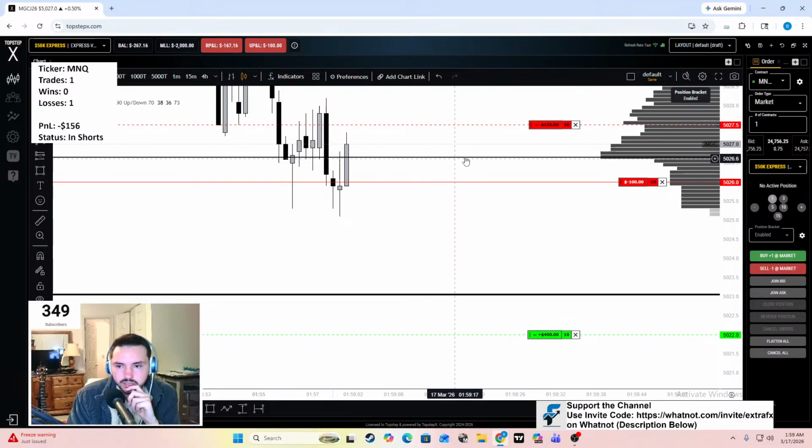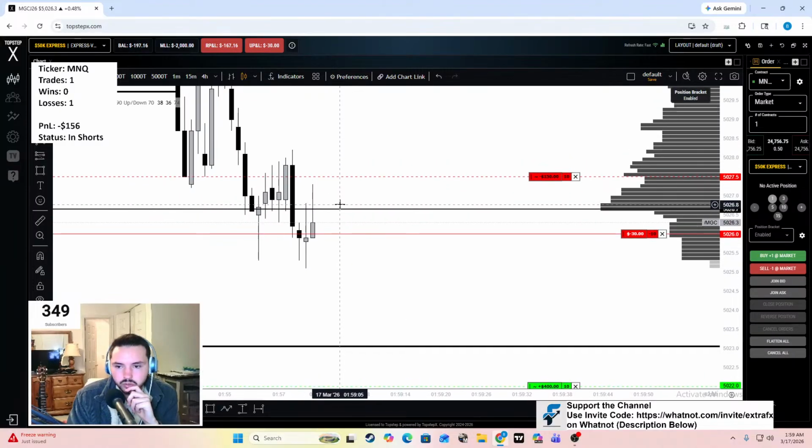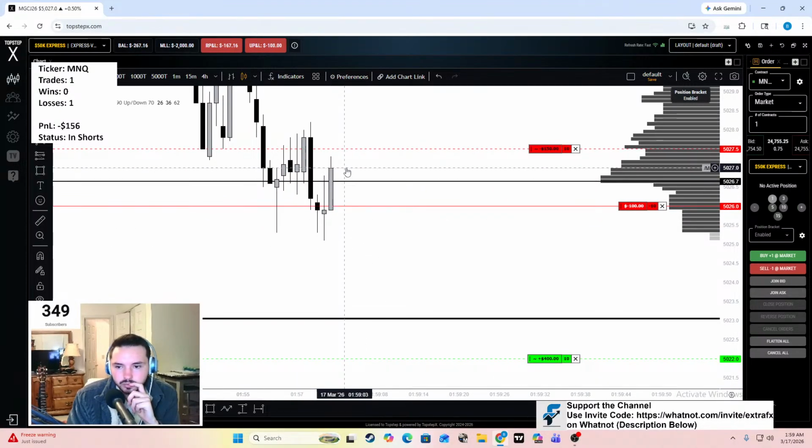We're at a POC. We came back down below. This is bullish. We could hope this is going to fail. I don't think it will. This is 100% a fake out right here.